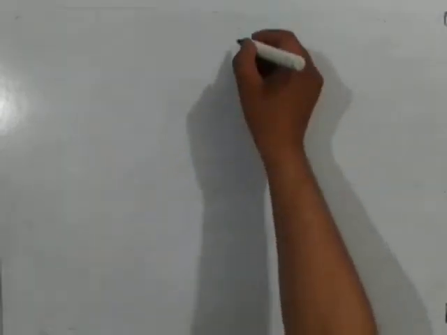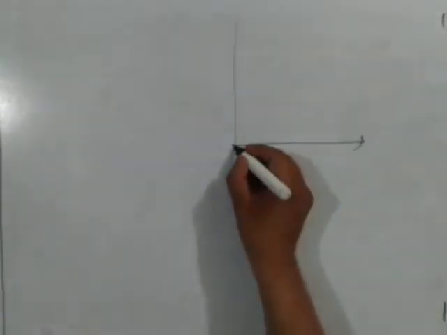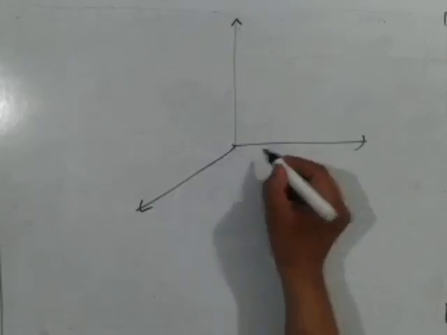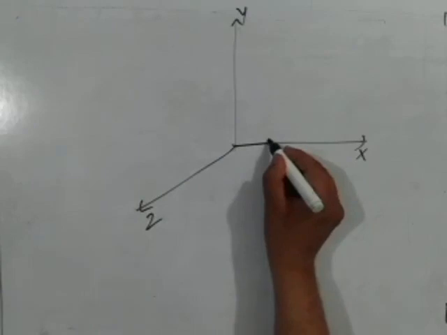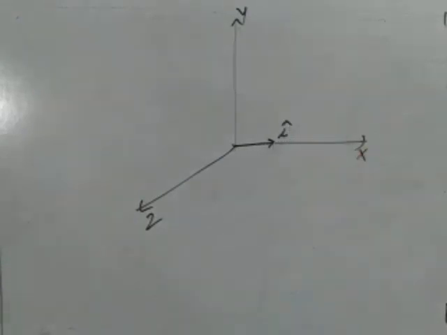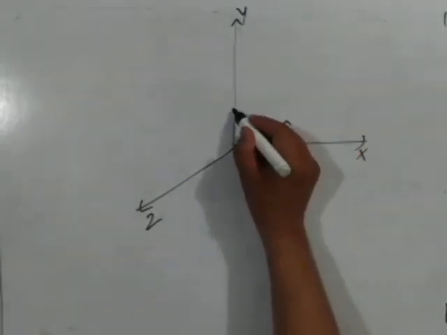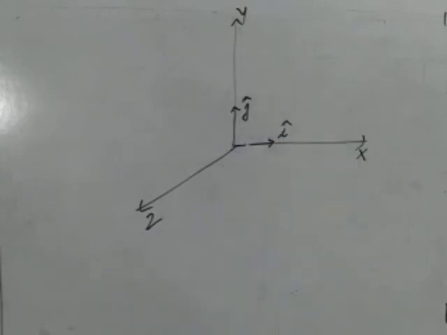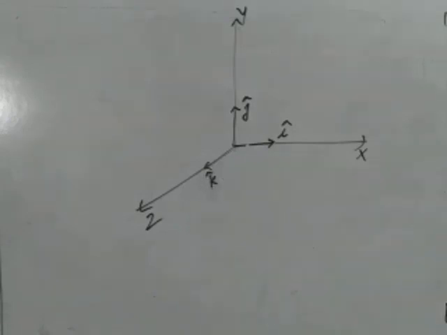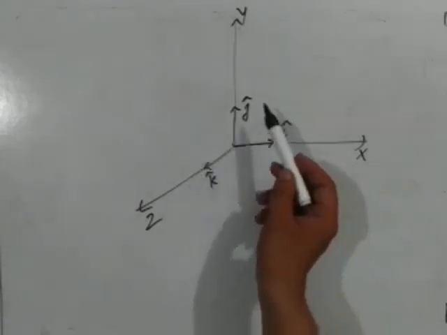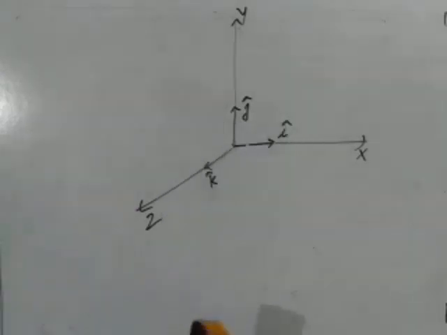So if we take all the three coordinates, then along x-axis, y-axis and z-axis, we represent these unit vectors as i cap along x-axis, j cap along y-axis and k cap along z-axis. So if we have to represent a vector, we will represent it in terms of these unit vectors as in the above example.